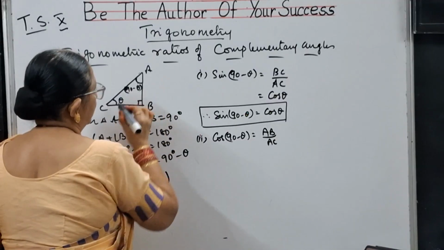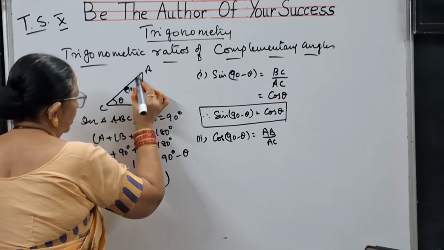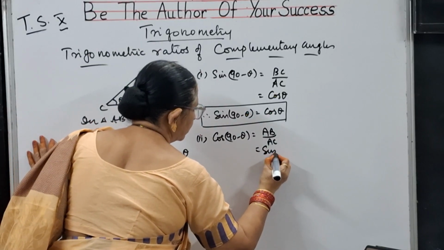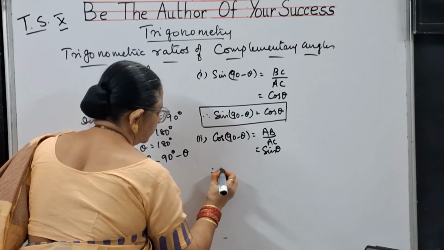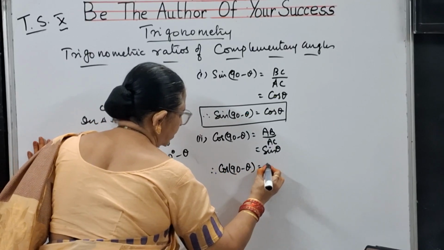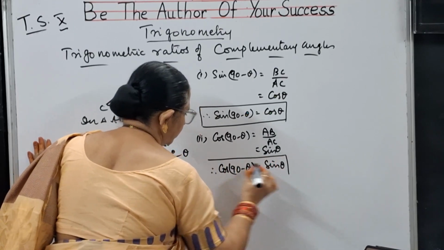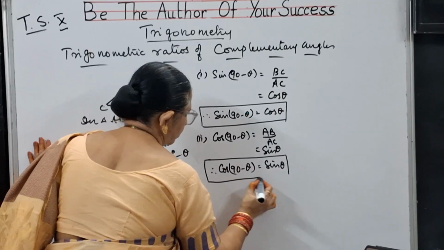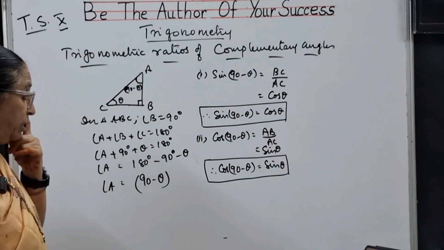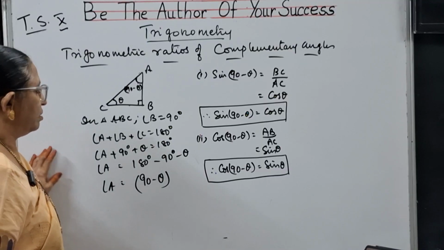So AB by AC in terms of theta, AB becomes opposite side and AC hypotenuse. That is nothing but sin theta. Therefore, cos 90 minus theta is equal to sin theta. This is one more formula which you have to learn. Sin 90 minus theta is cos theta. Cos 90 minus theta is sin theta.